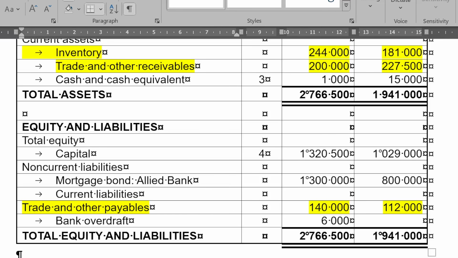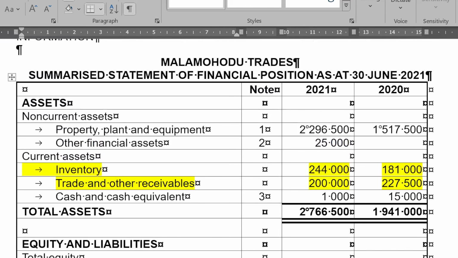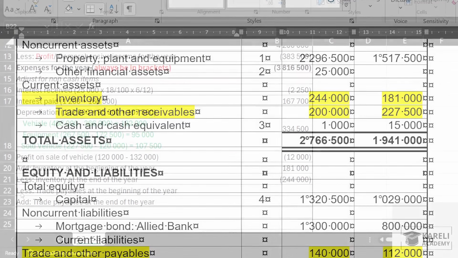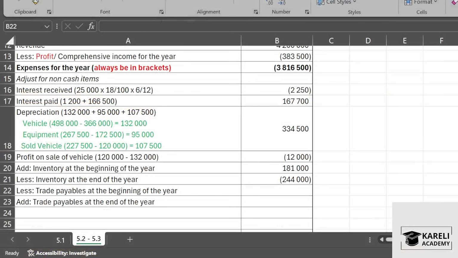At the beginning of the year, it's 112,000. At the end, it's 140,000. On our answer sheet, at the beginning we minus 112,000, and then we add 140,000 at the end of the financial position.